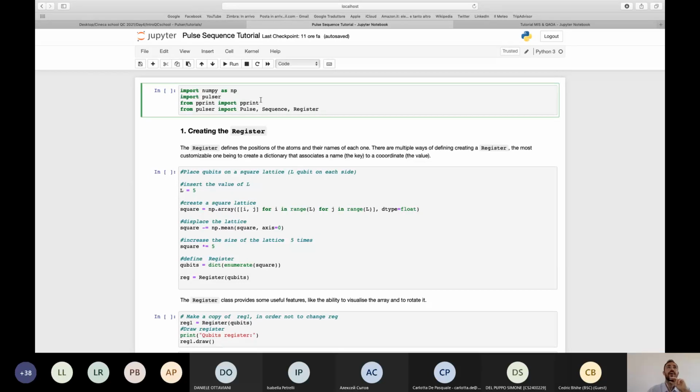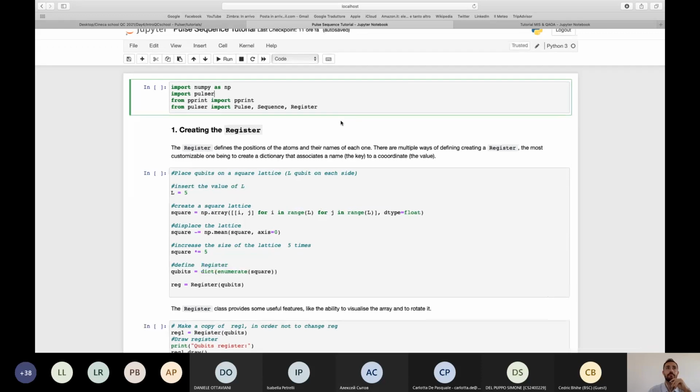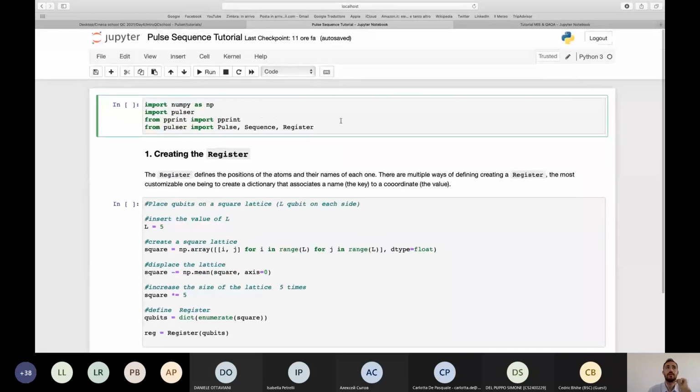Then, let's see how Pulsar works. It's again Python, and I'm going to run this code together with you. The first example is about creating a pulse sequence. So I import everything I need in Python.